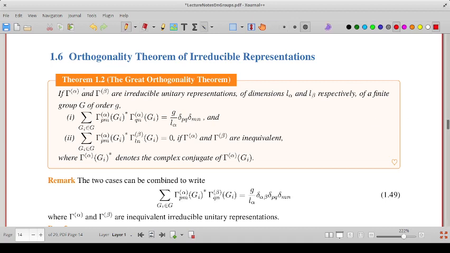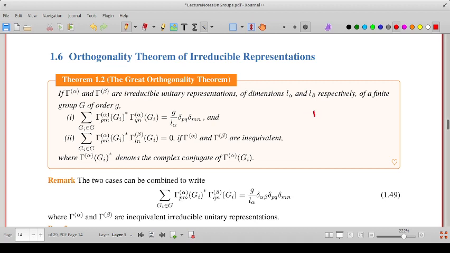So given two irreducible unitary representations, gamma alpha and gamma beta, of dimensions L alpha and L beta respectively, we can construct the following quantity.